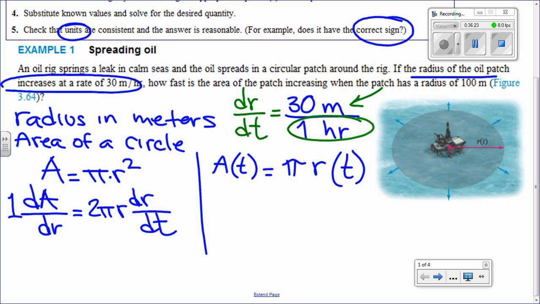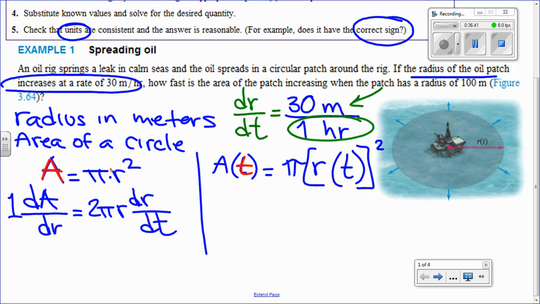And then we will square it, because that's the same function, but I'm just including time inside it. So the area is changing with respect to time, so that's why we have A of t.